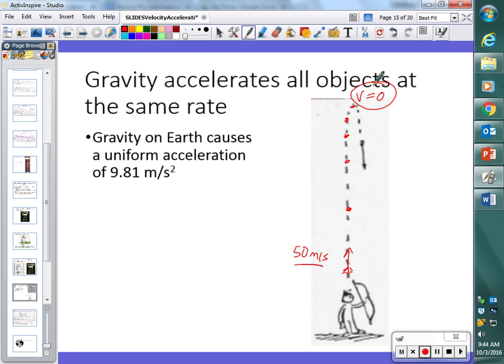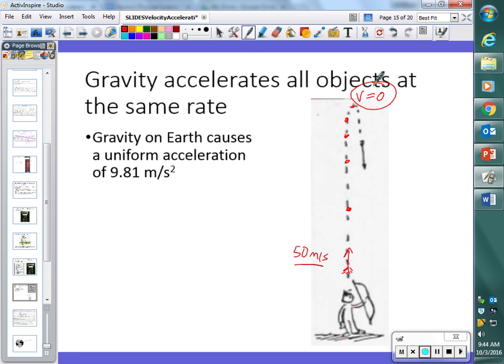And right at the end of class on Friday, we talked about just because an object has an instantaneous velocity of 0, is its acceleration 0?